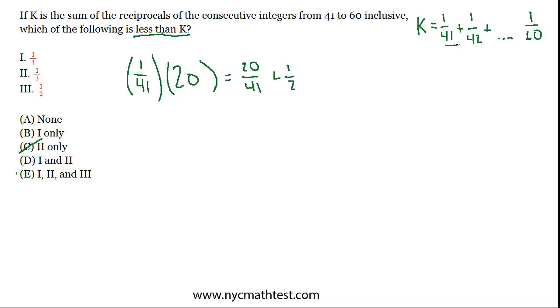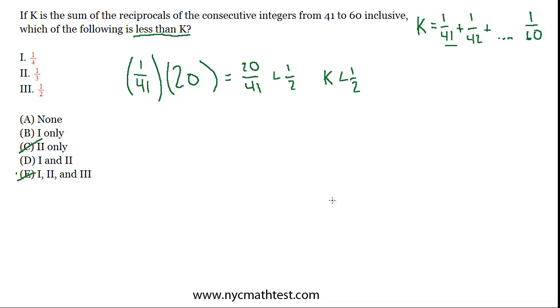We chose the biggest possible item in the sequence, and we imagined that all of the items were that big, and we got 20 over 41, which is less than a half. So k must be less than a half. So it can't be E, because k is less than a half. Definitely.